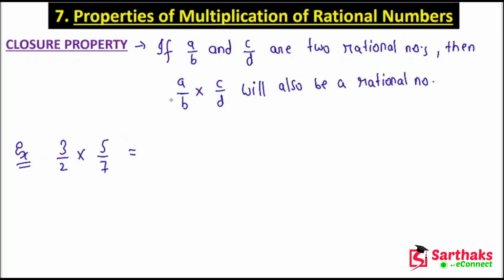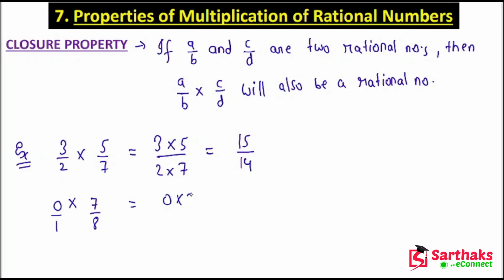So 3 by 2 into 5 by 7, and we will get 3 into 5 upon 2 into 7. So the answer would be 15 upon 14. Again, it is a rational number. You can also multiply 0 with, let's say, 7 upon 8. And here it is nothing, so we can write it as 1.